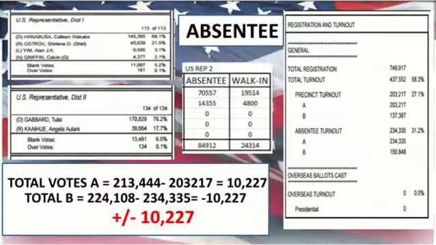And then when you take the total for the Part B, or Part A, the absentee turnout, 224,000, and you minus the 203,000 that was summed up from the summary report, you get 10,227. And then the total B, 224,108 minus the 234,000 that was reported in District 2, you get a negative 10,227.